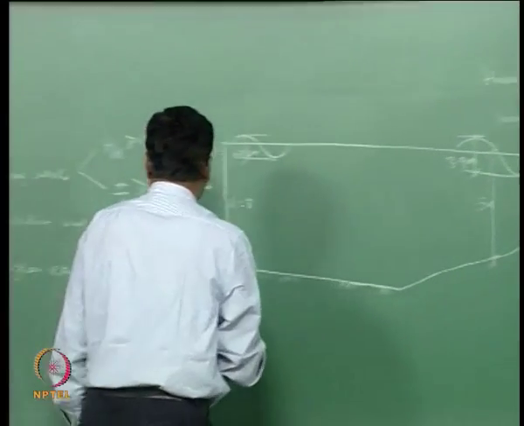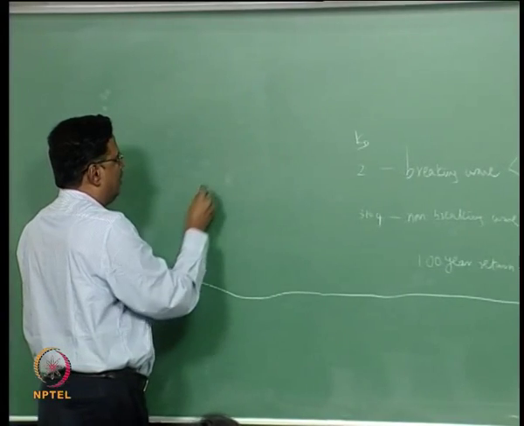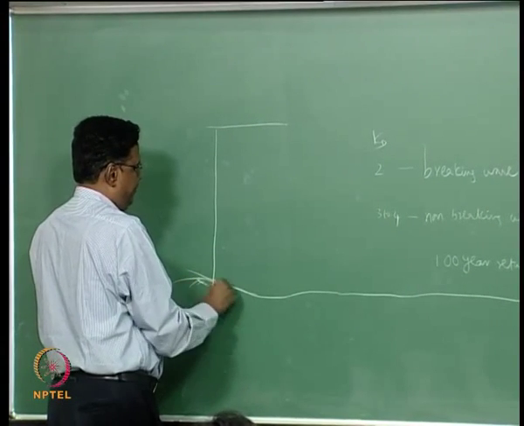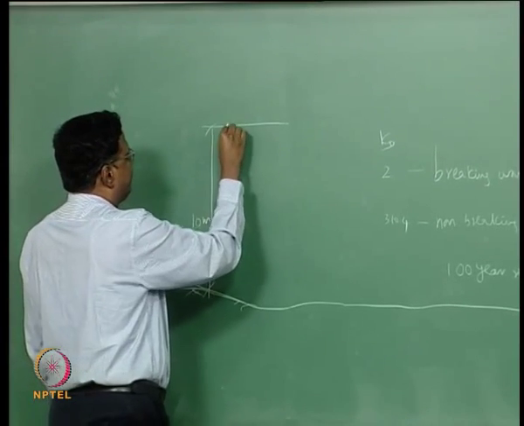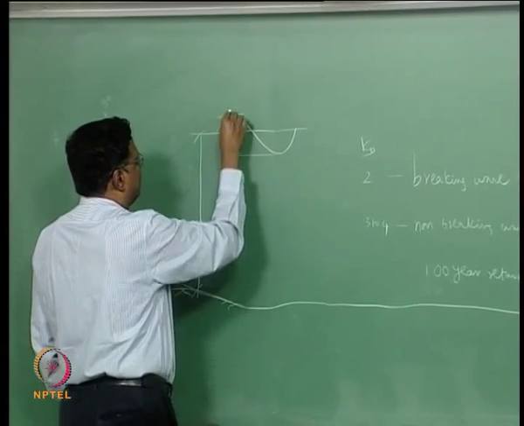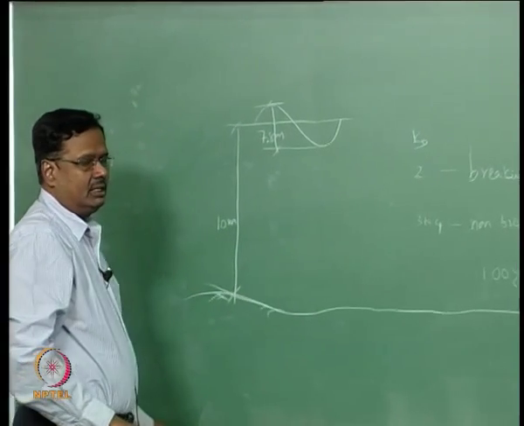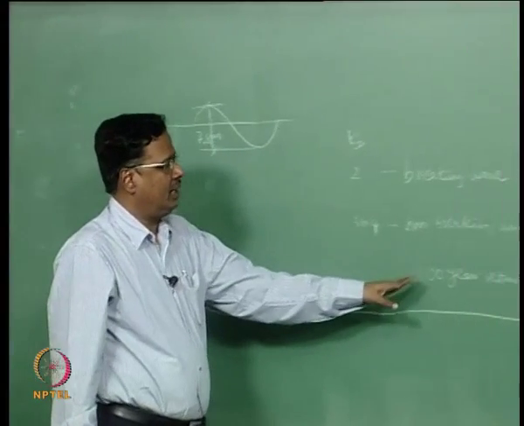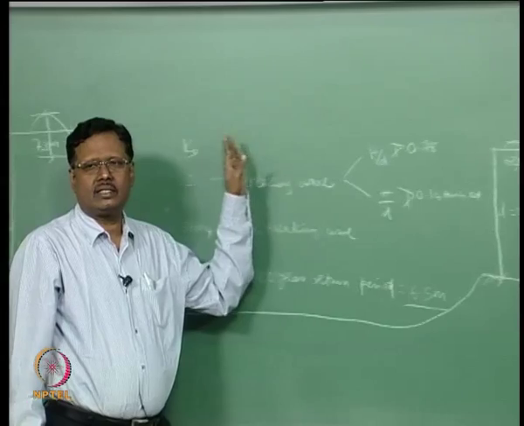Suppose you go to a deeper water, I will go to the other side of the boat, then here the water depth is 10 meter, here the breaking wave is 7.8 meter, but in this case you should consider only the 100-year return period wave of 6.5 meter, you should not consider 7.8 meter.